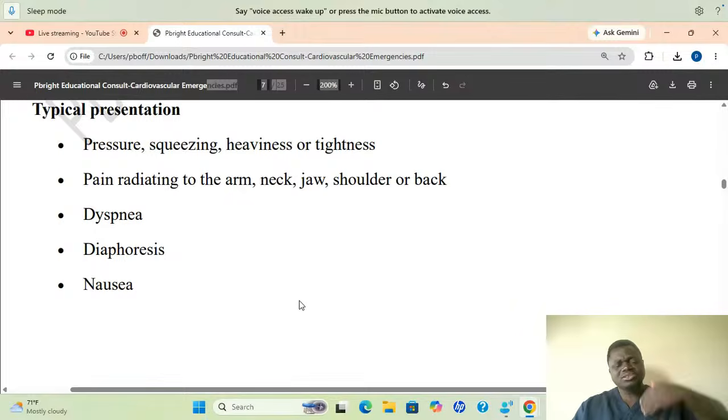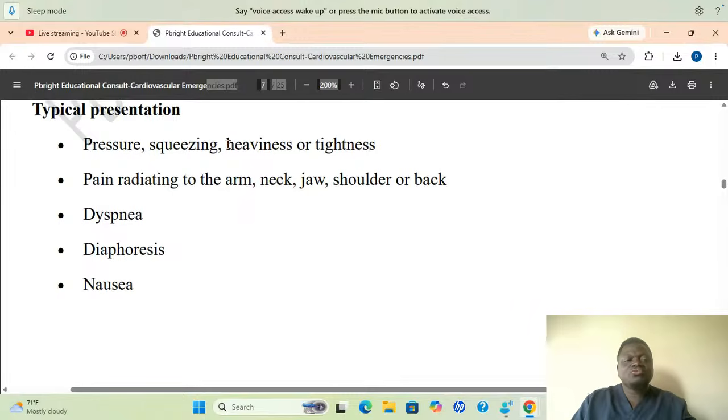How will this patient present? About 80% or 90% of these patients will come with chest pressure. Something is squeezing, they feel that squeezing sensation in their chest, heaviness, or tightness. An elephant is sitting on my chest.